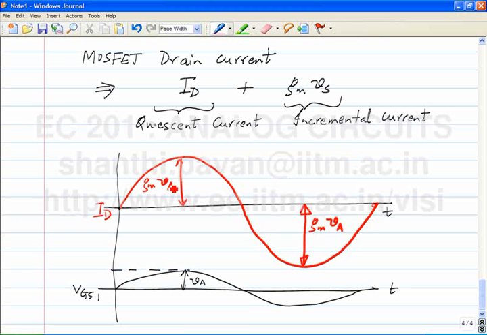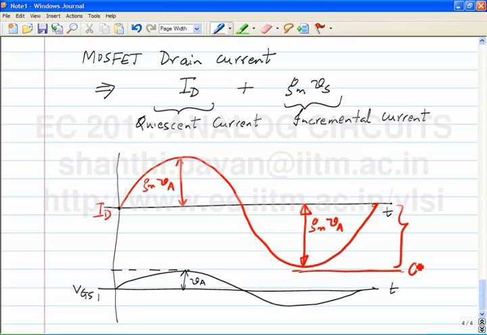In the negative half of the cycle, the drain current is ID minus GM VA. So if I go on increasing VA, eventually I will definitely end up in a situation where the absolute current goes to 0. And now what is so special about 0?